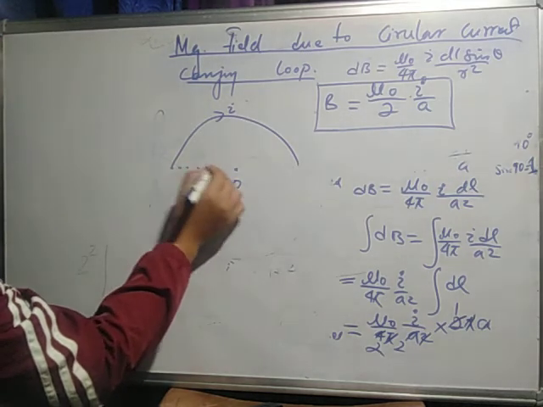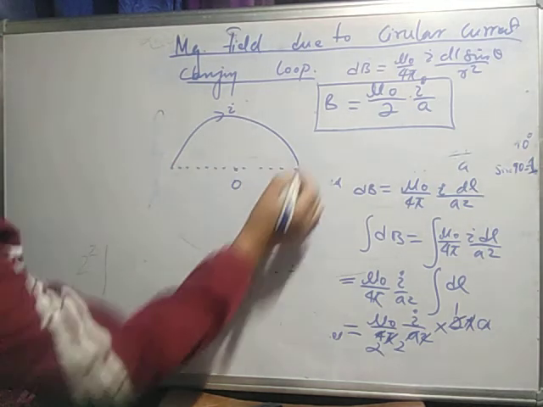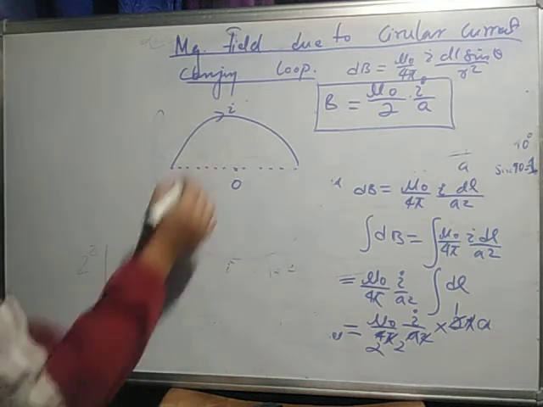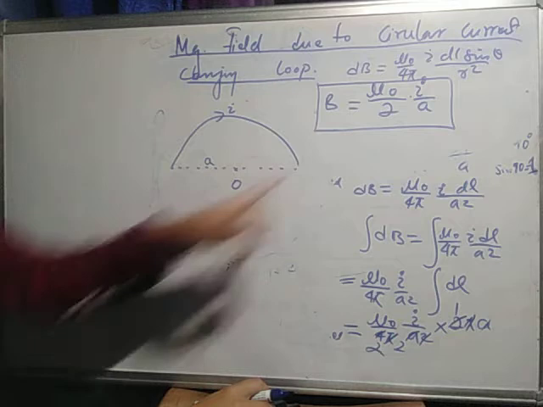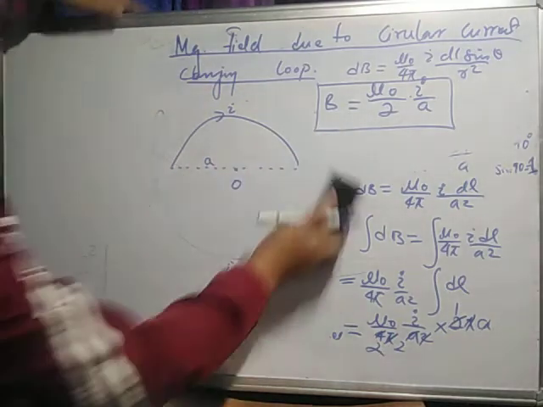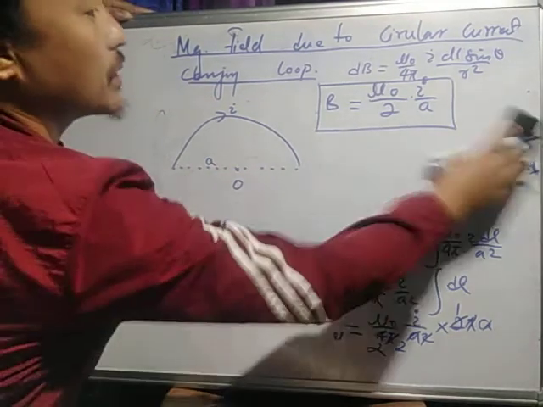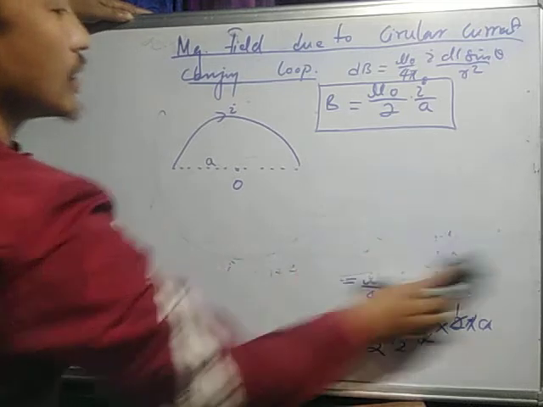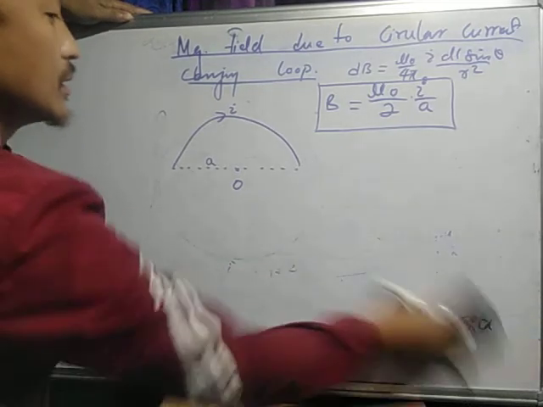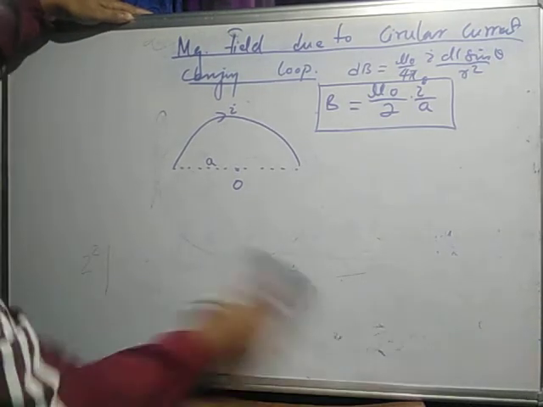So this is your a. Radius of the semicircle is your a. So this was the earlier circular one, now it is the semicircle. Let us see. But if you remember this, just halving it you'll get the semicircle, isn't it? But anyway I will show you.